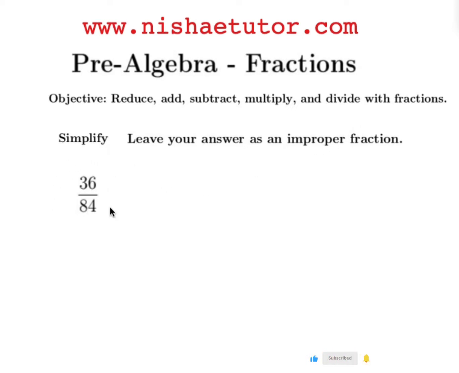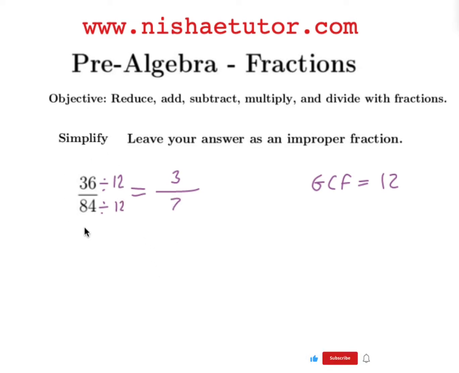So first we have to find the greatest common factor, GCF. For 36 and 84, the greatest common factor is 12. So we can divide both numerator and denominator by 12, and we get 36 divided by 12 is 3, and 84 divided by 12 is 7.